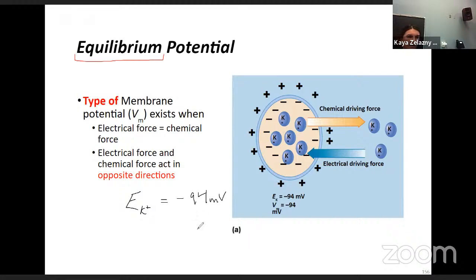Once it's at negative 94, it stops. It doesn't move on net into or out of the cell. So we want to think about that equilibrium potential as the stable point for that ion. And at the stable point, our chemical driving force and our electrical driving force are equal to each other. So that's our setup.